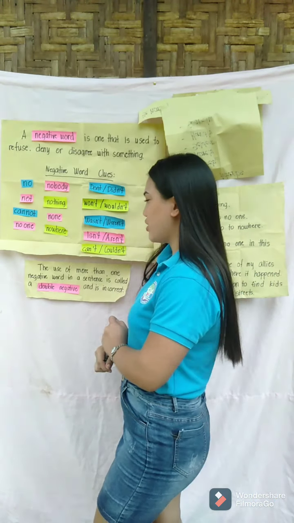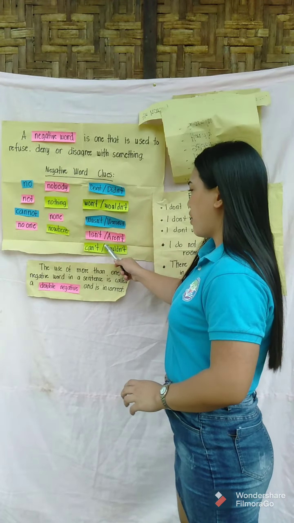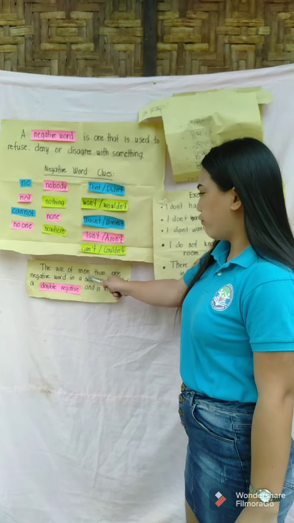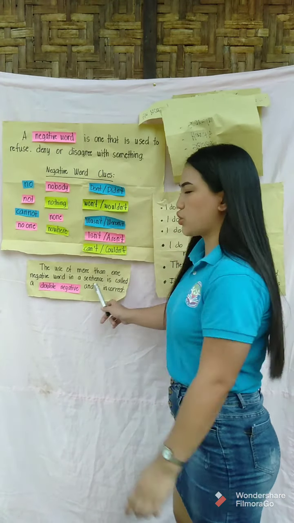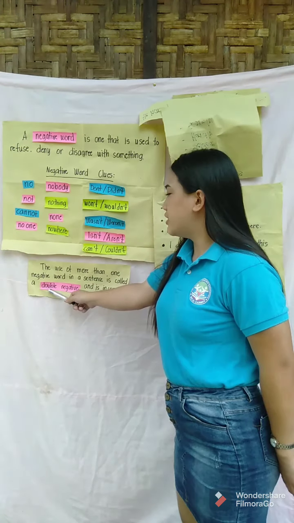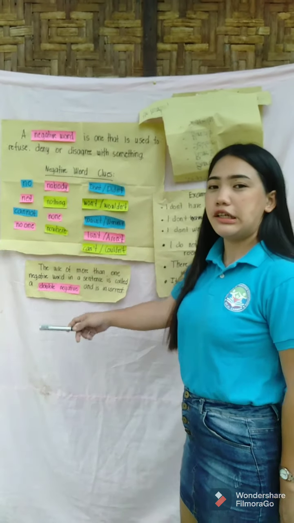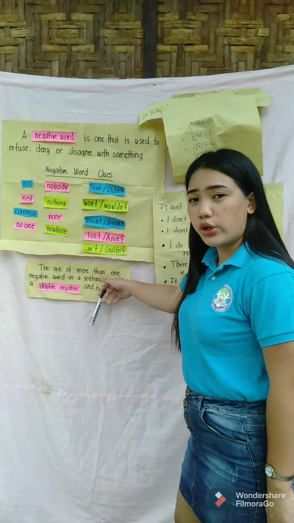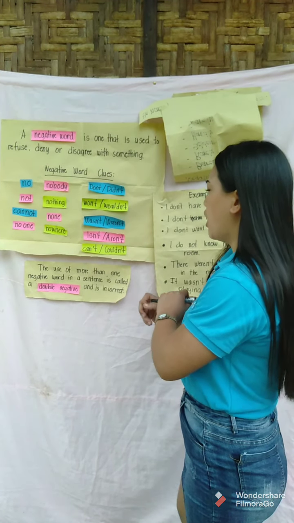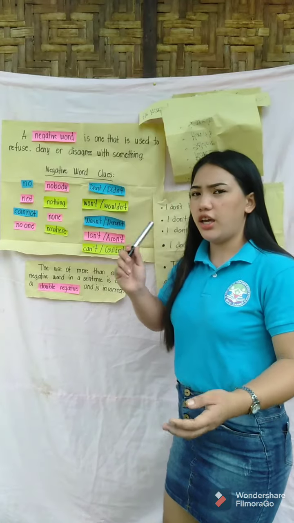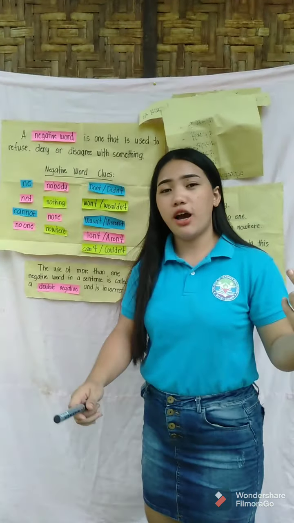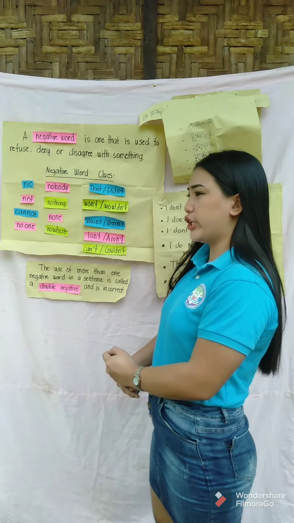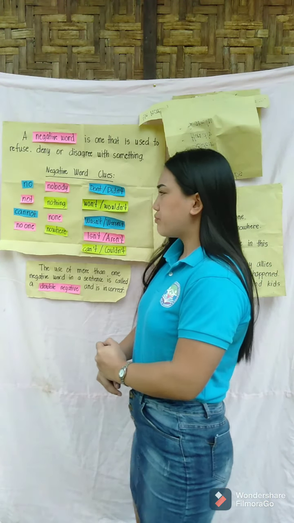Okay, so let's go on. The use of more than one negative word in a sentence is called a double negative, and it is incorrect. When we say double negative, it means more than one negative word in a sentence.